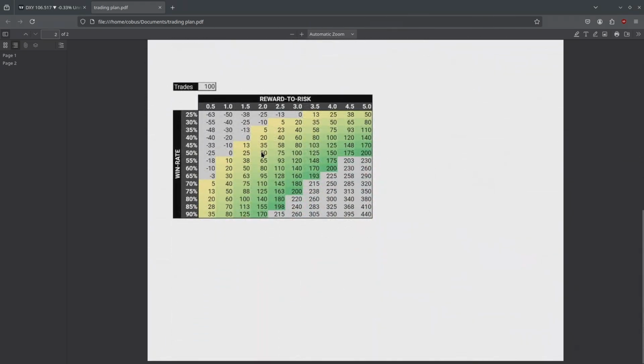Now, if we move down here, adding to risk management, let's look at win rate and risk to reward.